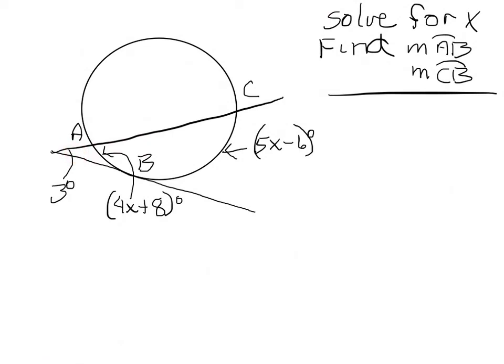And the theorem says that the measure of the exterior angle, 3, is equal to 1/2 the difference of the intercepted arcs. So that would be 5x minus 6, and subtract 4x plus 8.